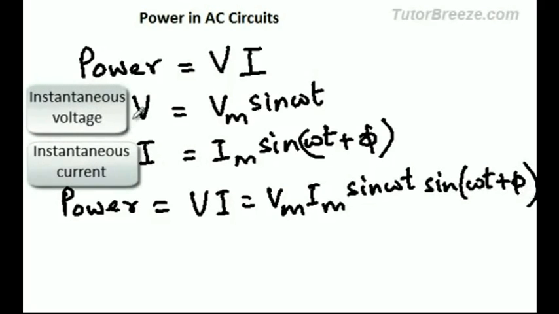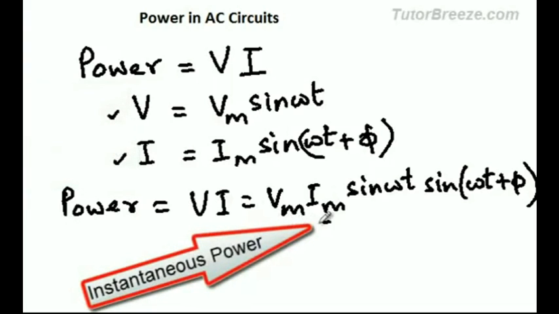Since V and I are the instantaneous values of voltage and current, this expression for power is also the instantaneous power, which means the power consumed at each instant of the circuit. If you substitute the value of t here, you get the power consumed at that point of time. Okay, now I want you to be ready for a lot of mathematical steps.